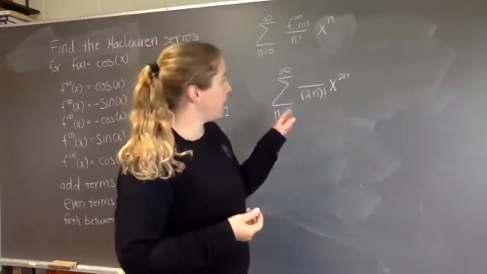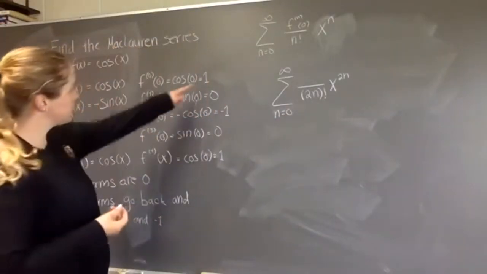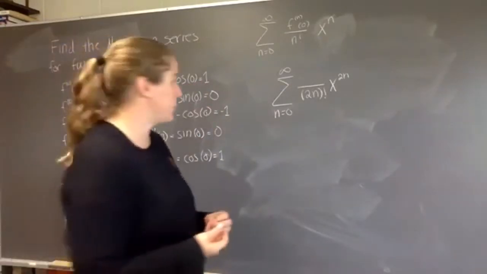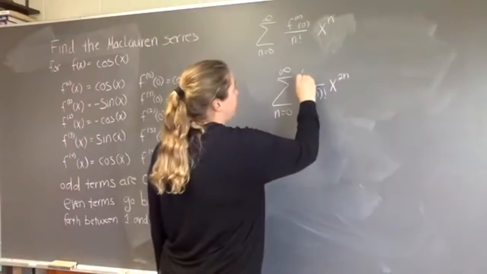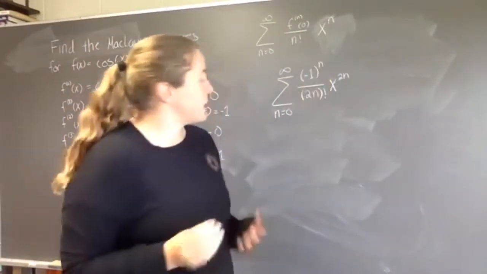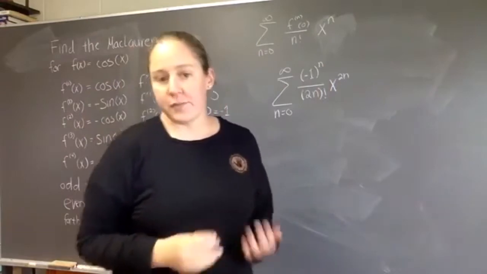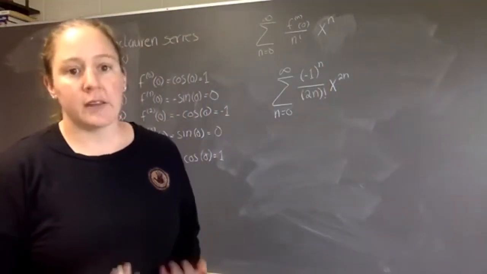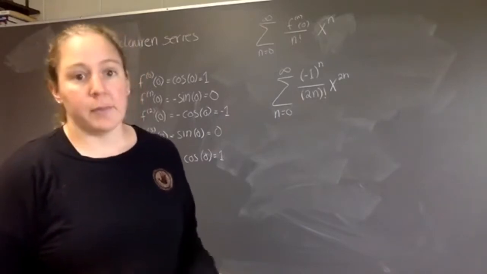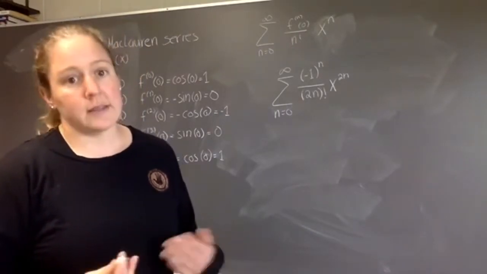And then on the top, we saw that the even terms start with 1, then go negative 1, positive 1, negative 1, positive 1. So if we do negative 1 to the n, then this 1 is going to flip-flop between negative and positive 1, because negative 1 to the 0 is 1, but negative 1 to the 1 is negative 1.